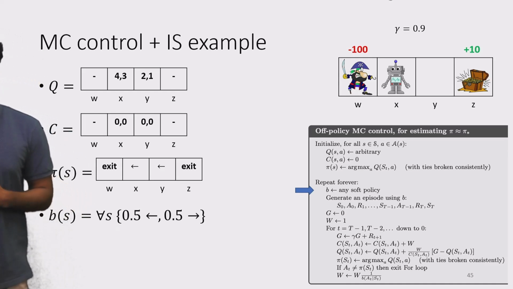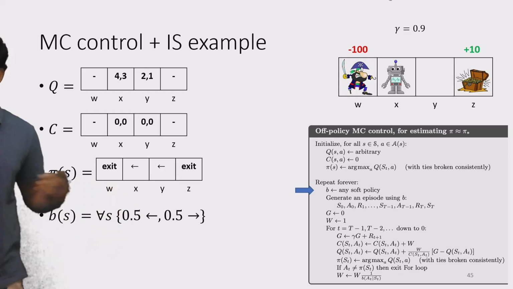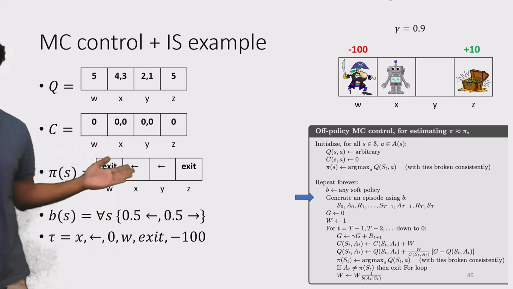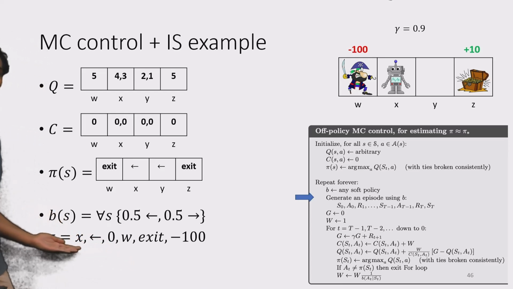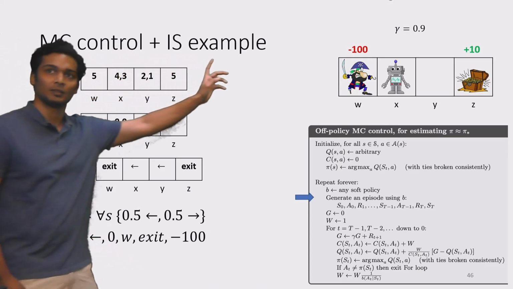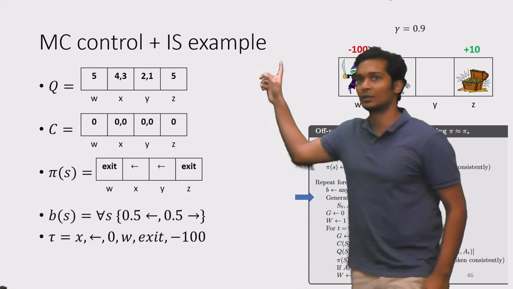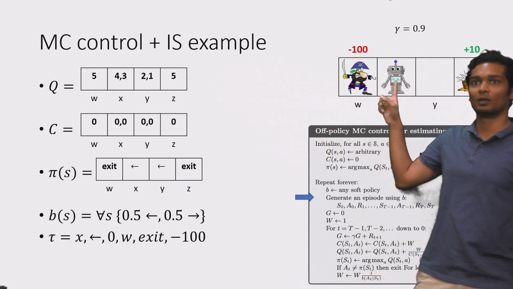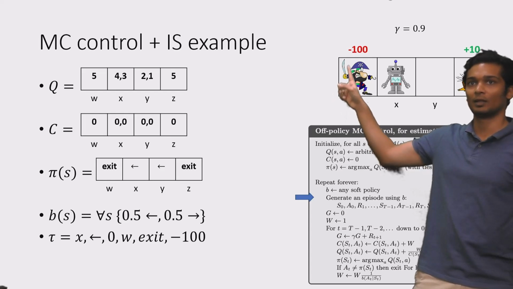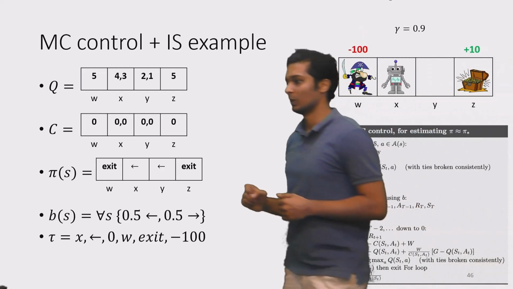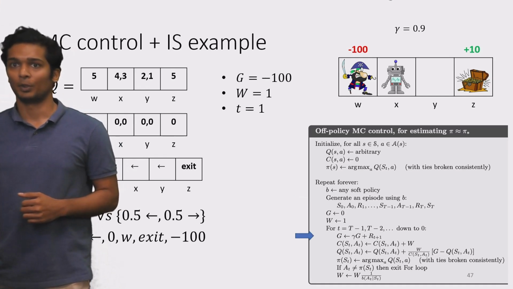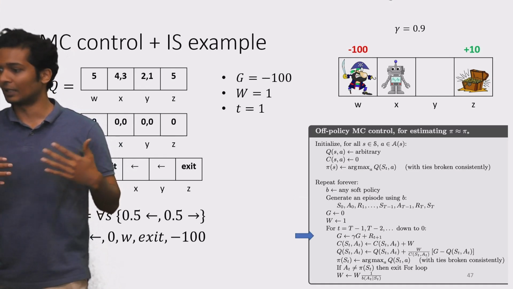So we have any soft policy b, and we use it to generate an episode, which is represented by this trajectory. From X we go to state W and then exit. Upon doing that, so we do this like Dr. Sharon said.